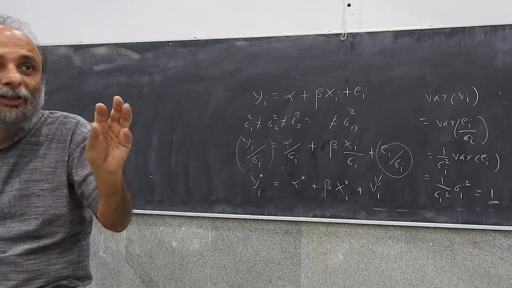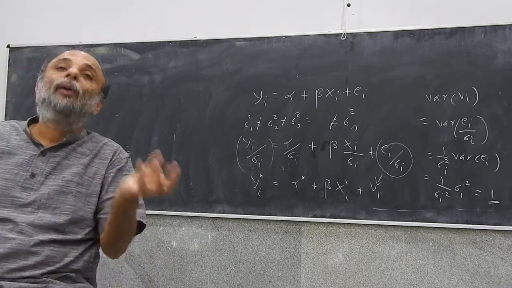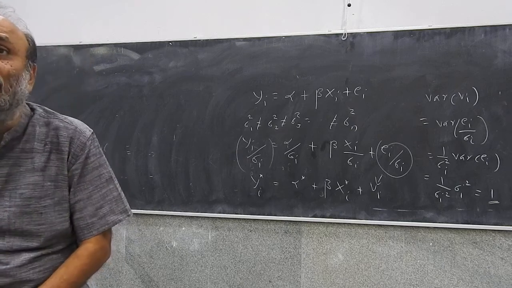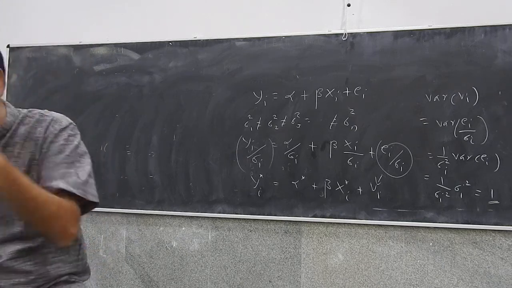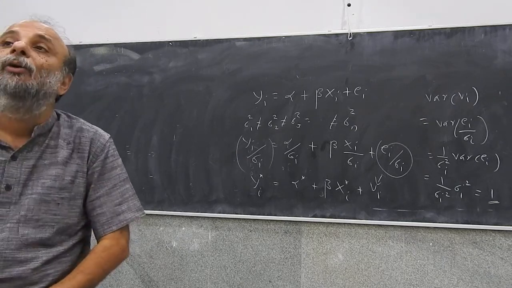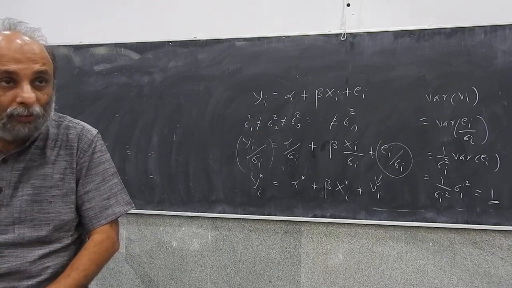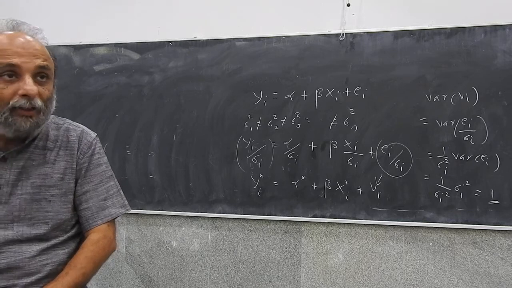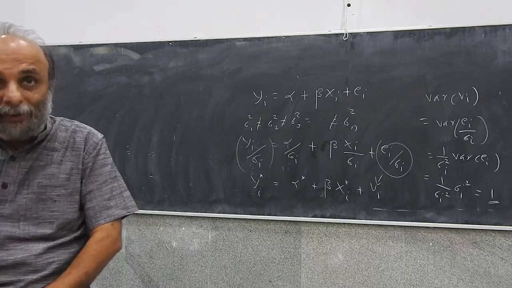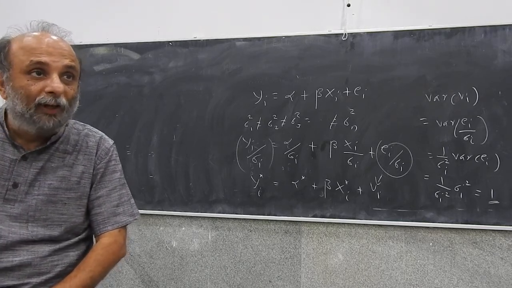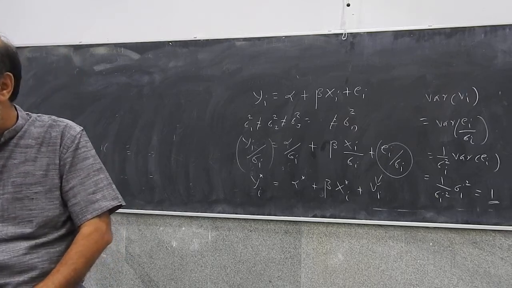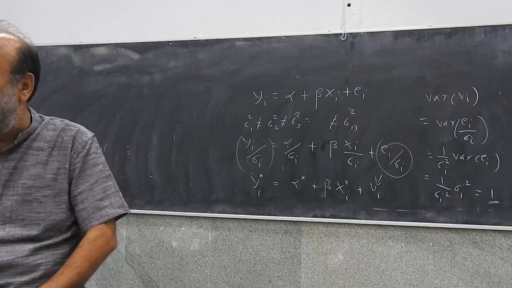So I use E1 hat square for sigma 1 square, E2 hat square for sigma 2 square, E3 hat square for sigma 3 square. So one possible way of thinking about this could be to say, instead of using 1 upon sigma 1 square, I write 1 upon square root of E1 hat square. Instead of writing 1 upon sigma 2, I write 1 upon square root of E2 hat square and so on.